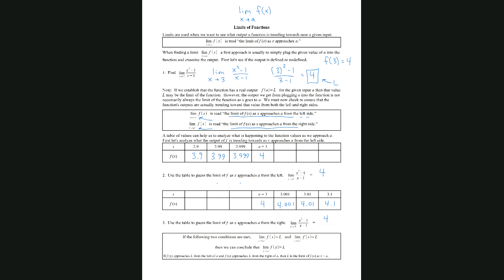So now it's time to decide whether we think the limit can be decided.